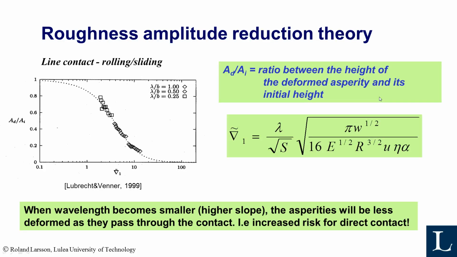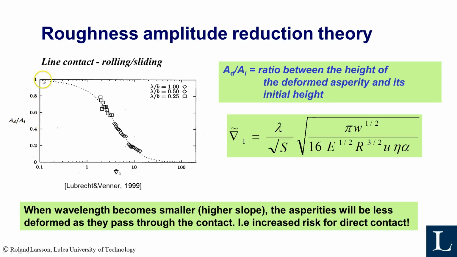Some researchers, for example, Ton Lubrecht and Kees Venner, were able to come up with a formula like this, or a diagram like this, showing the ratio between the deformed and the initial amplitudes.